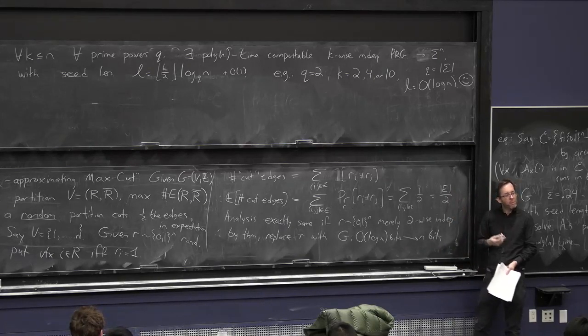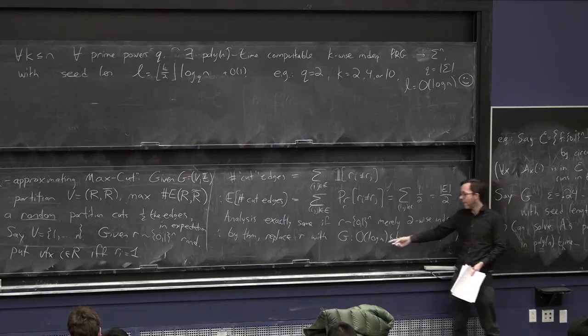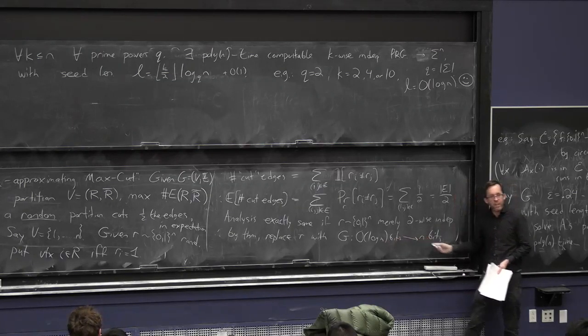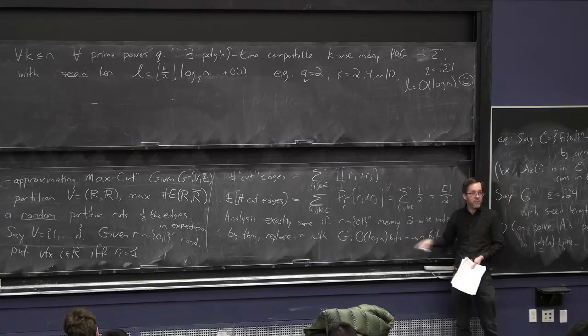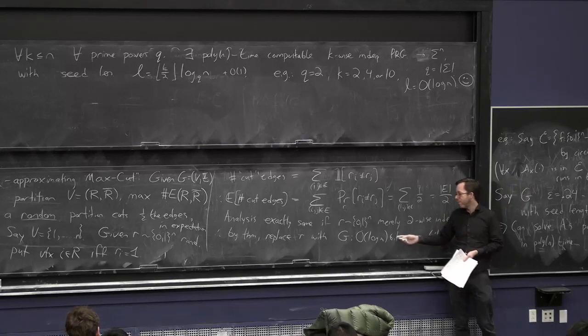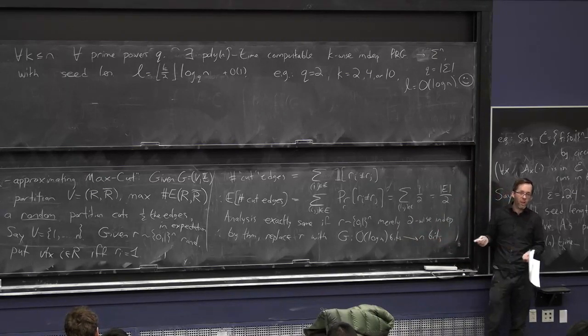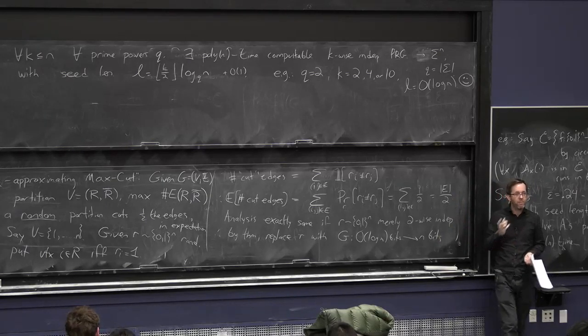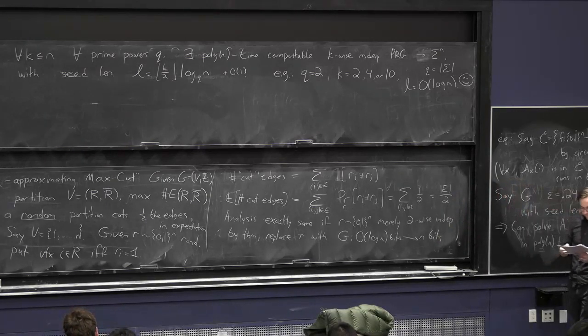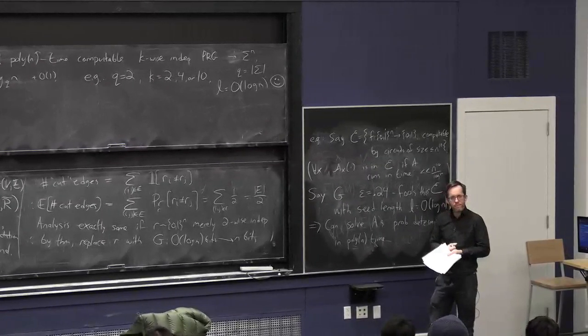By the probabilistic method, there exists a seed such that when you use that particular seed, the number of edges cut will be at least size of E over 2. So if you just try all seeds and see how many edges get cut by each of these pseudorandom generator outputs, at least one of them will give you at least half the edges. And you can try all the seeds in polynomial time. Does that make sense?